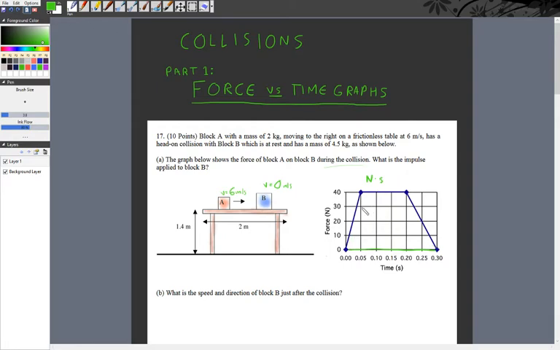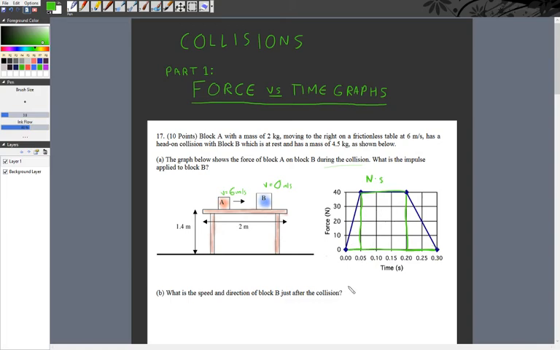Well, to do this, we're going to break this down into 3 different shapes. All right. We've got a triangle here. We've got a triangle here, and we've got a square between them, or not a square, but a rectangle.